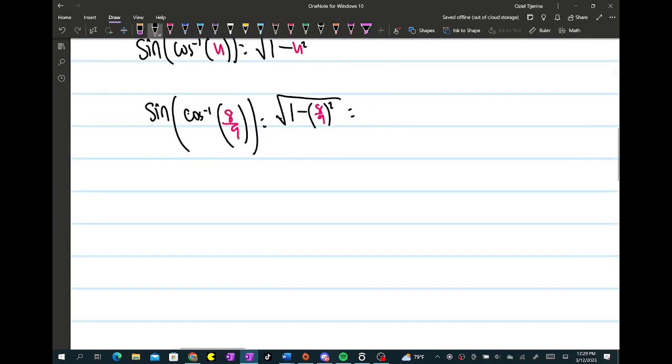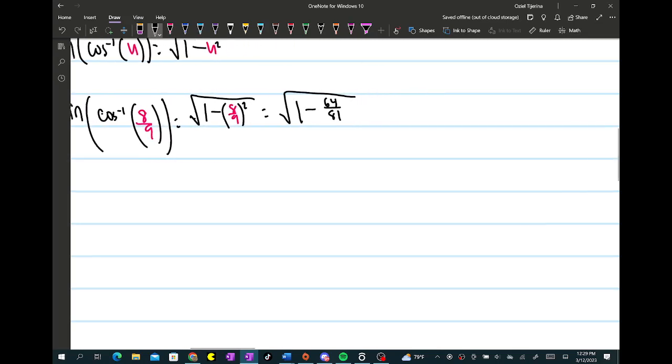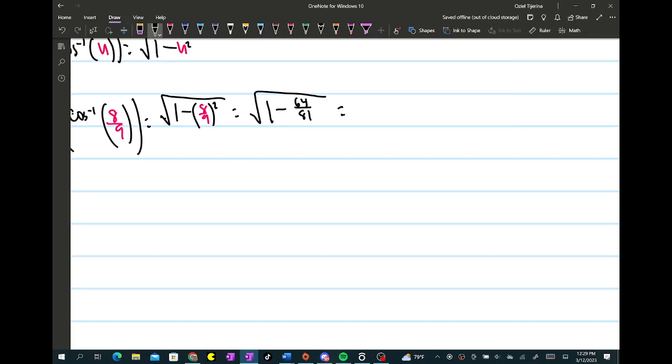So this will be the square root of 1 minus 64 over 81. If we do it by hand, we have 81 minus 64 over 81.